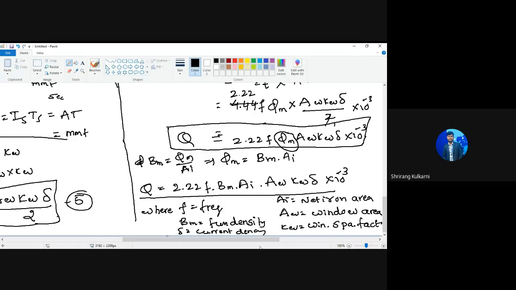So like this, we have to explain the parameters at the last. If they ask in the examination, this much you have to write.